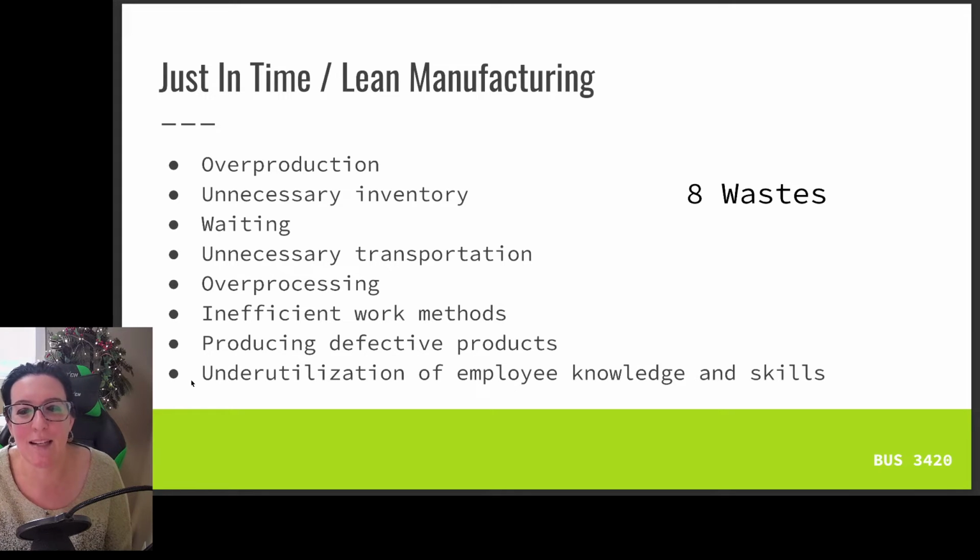This can create that institutional stupidity, in the fact that we have very talented people who can identify issues and solve problems, but essentially we're asking them to be stupid because of the way that we have structured our organization. In that case, we are underutilizing those employee knowledge and skills.